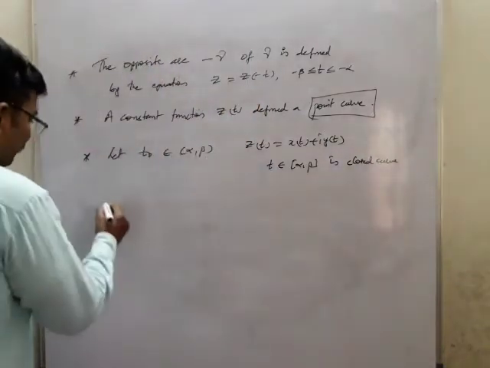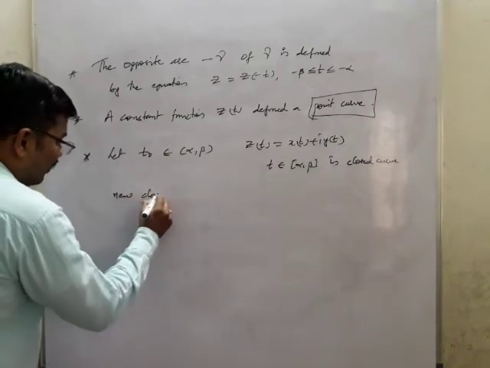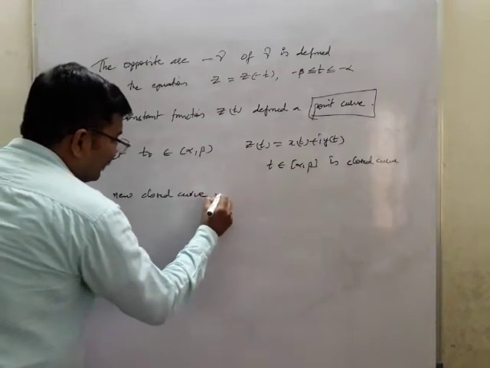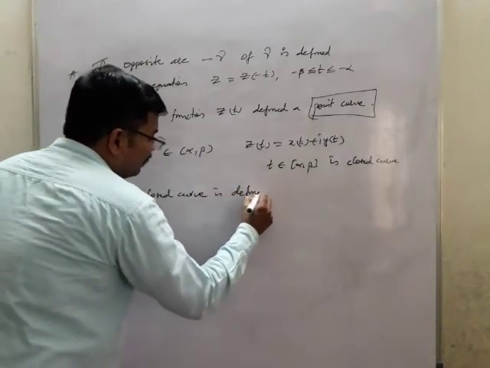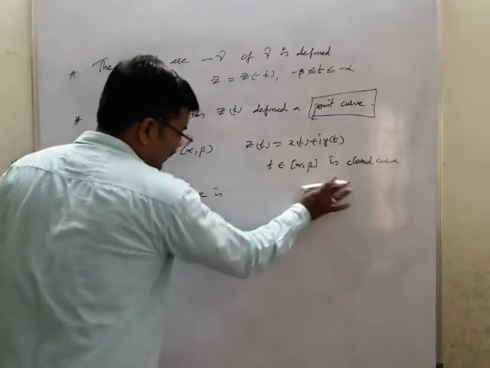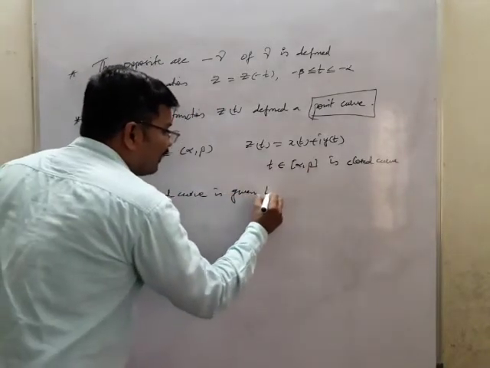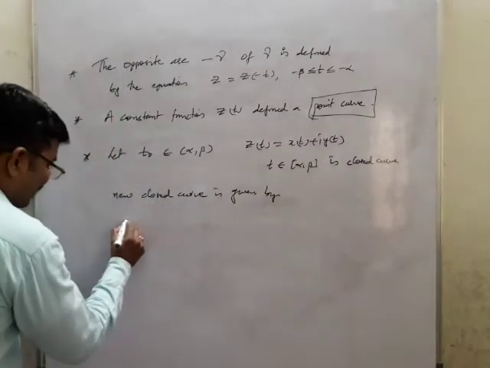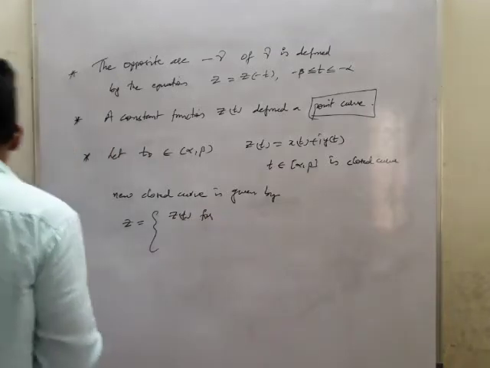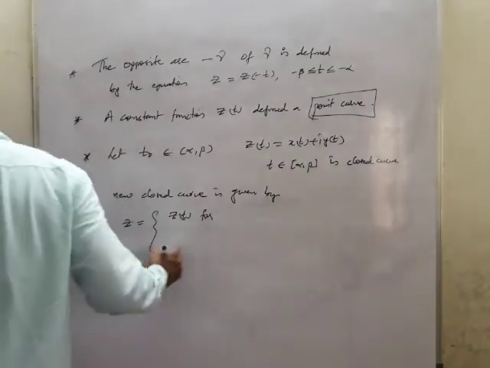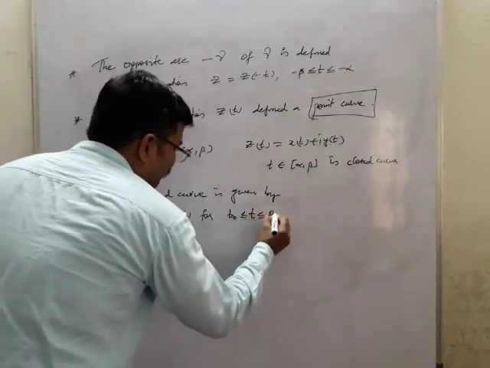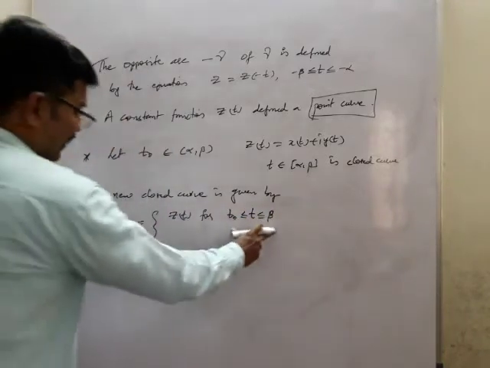Then a new closed curve can be formed. The new closed curve is given by z is equal to z of t for t belongs to, where t is greater than or equal to t naught and less than or equal to beta, this is the range.